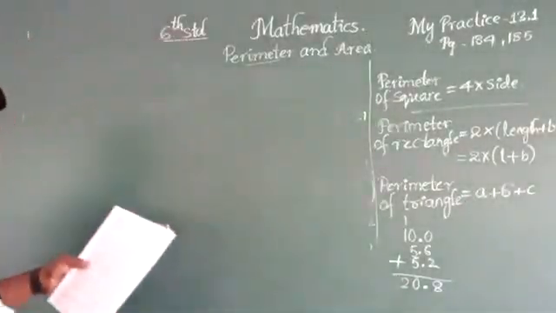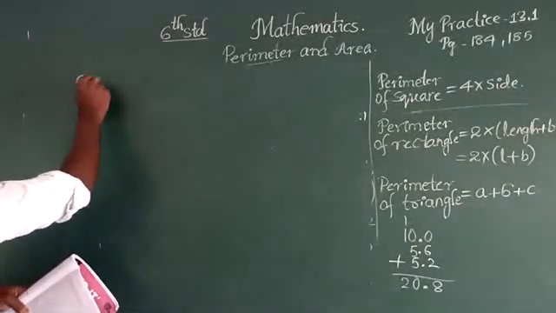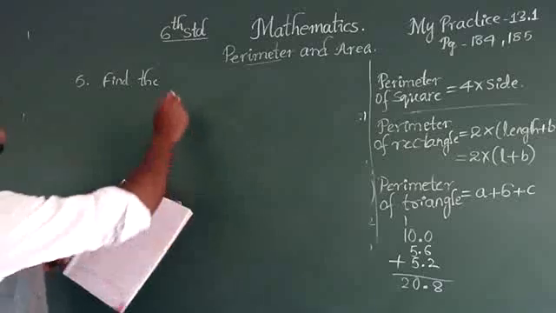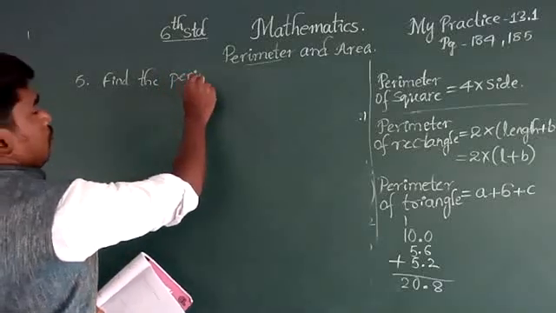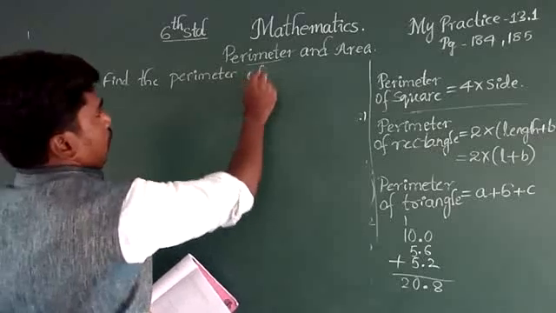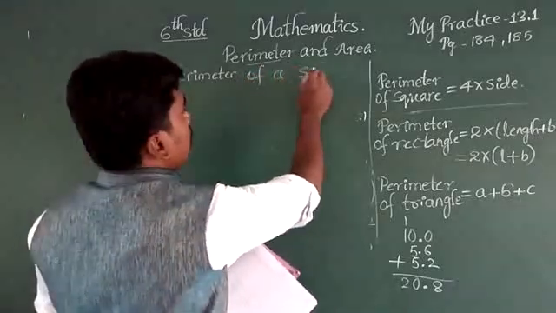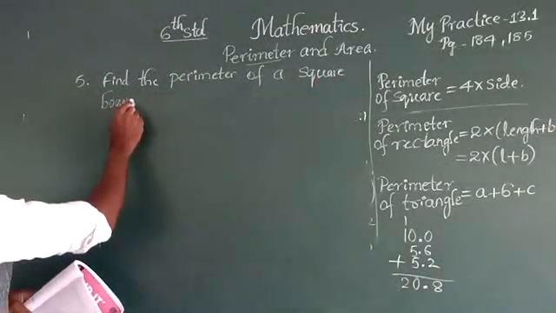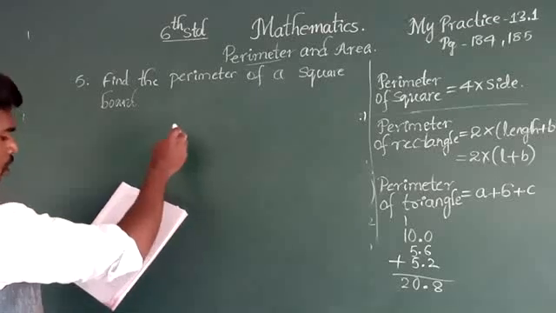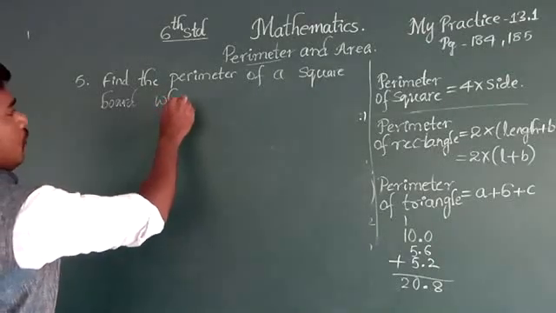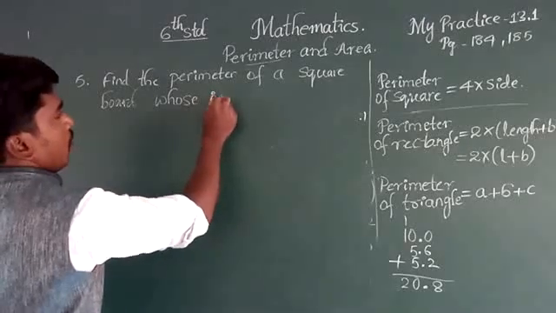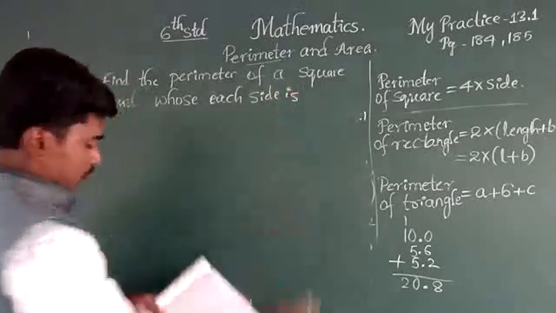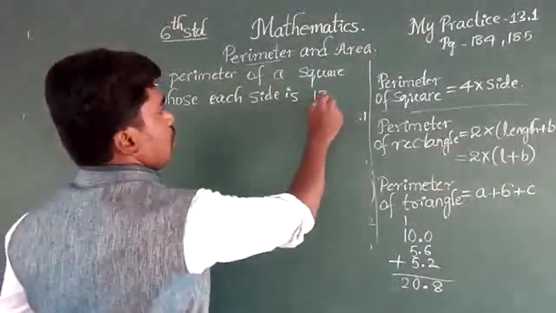Find the perimeter of a square board whose each side is 13 centimeter.